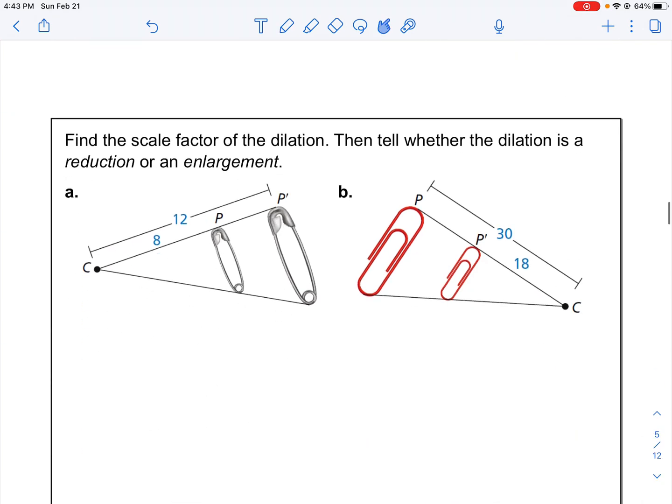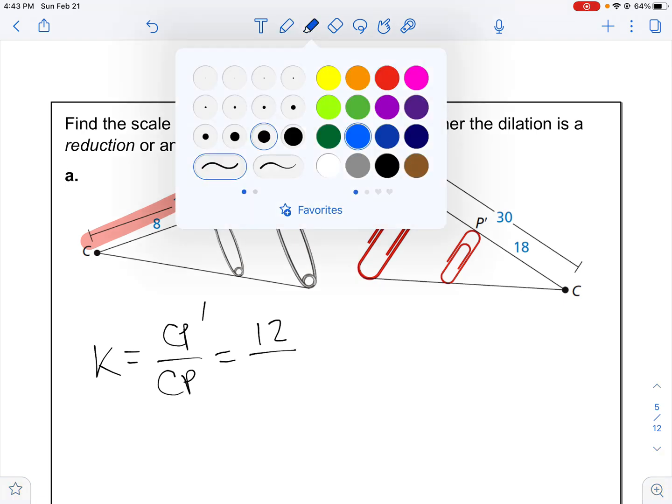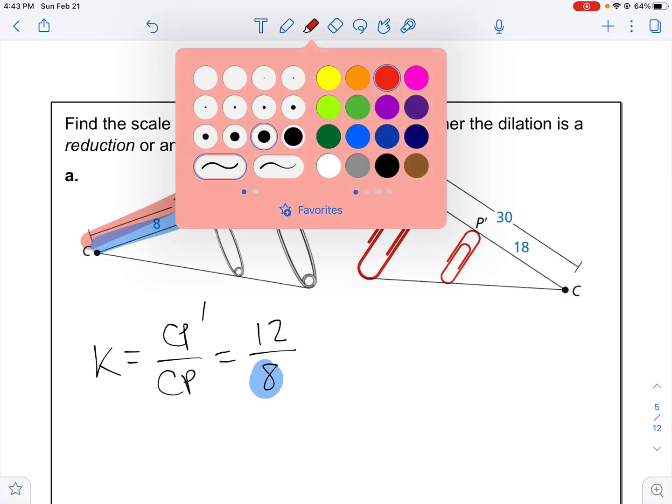So it says find the scale factor. Well, we know scale factor, K, is CP prime over CP. So if I look here, CP prime is 12. CP is 8. So this is 12 over 8.